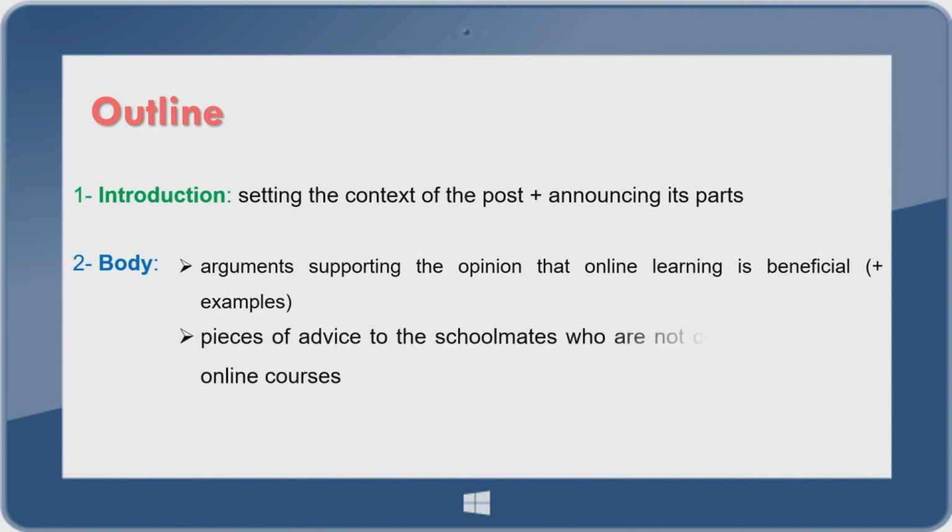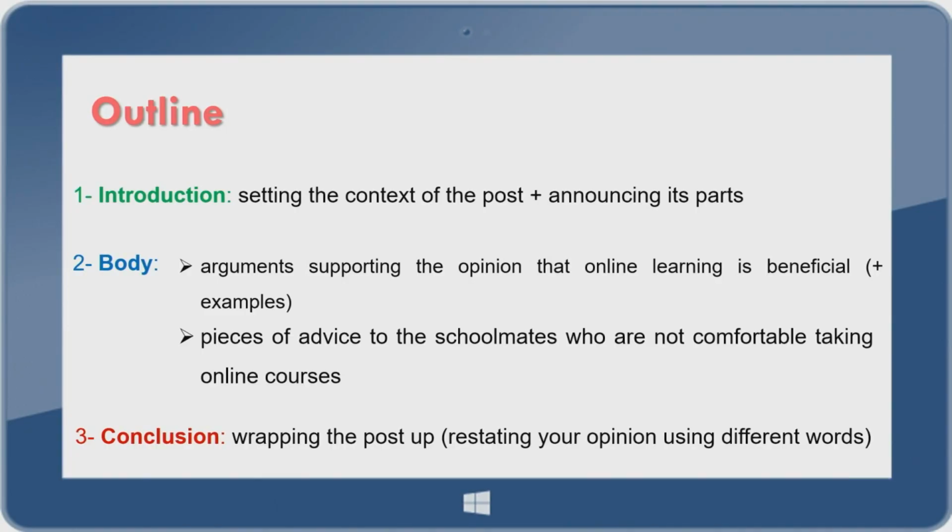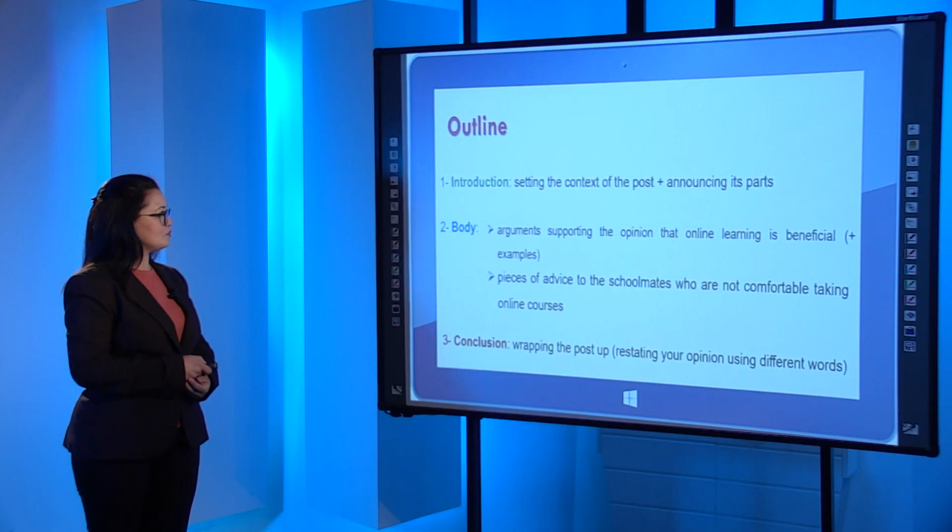And the second part of the body will be devoted to giving pieces of advice to the schoolmates who are not comfortable taking online courses. When you finish with the body, of course, you're going to move to the conclusion in which you wrap up or you sum up the post, restating your opinion using different words.